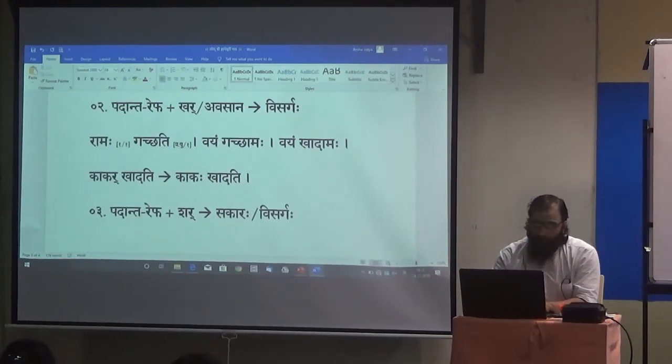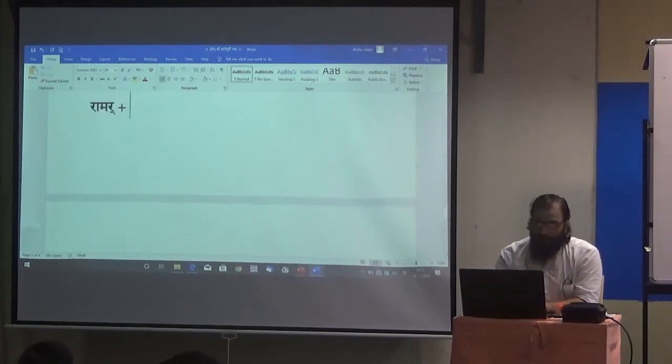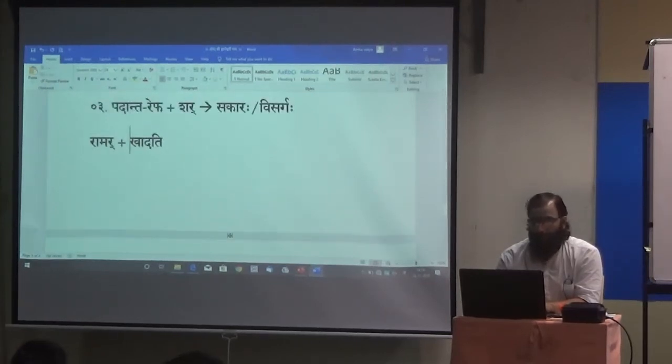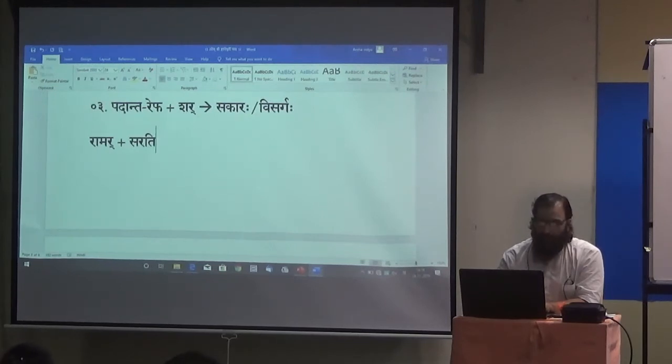Example. Now, Ramar plus khadati, that comes under the previous rule, right? Because ka is a Kar letter. Now, I want a Shar letter. Ramaha sarati, suppose, flows. Sarati, sha, sa. Okay.